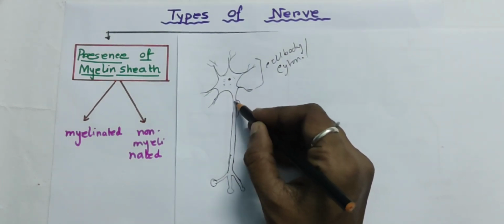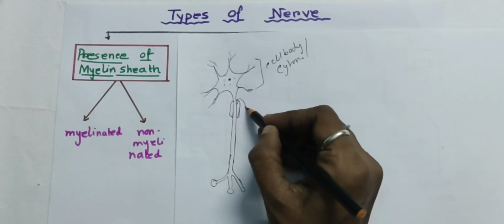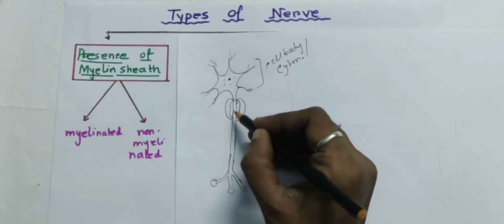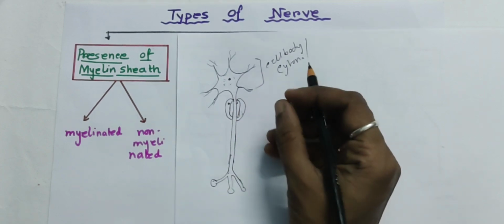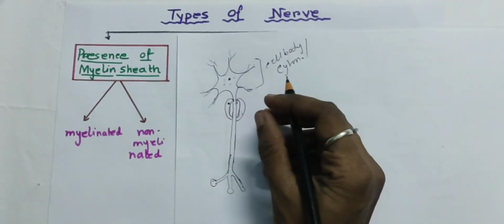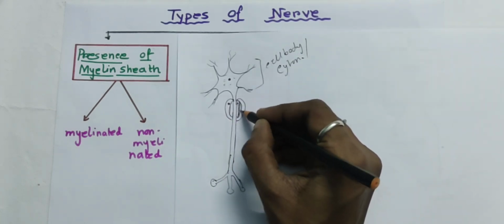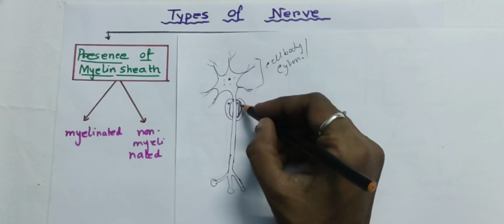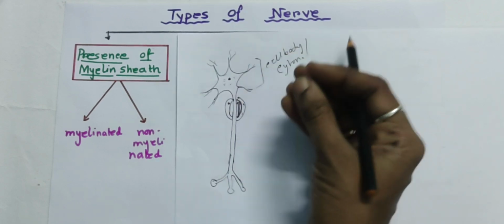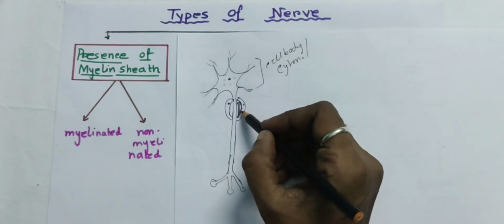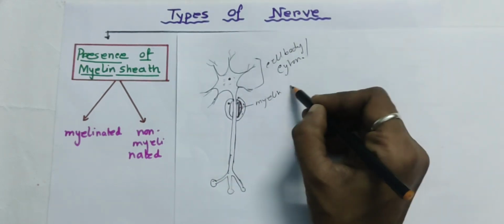A cell surrounds the axon, that is Schwann cells. Schwann cells secrete a phospholipid substance inside it. So this substance is called the myelin sheath.